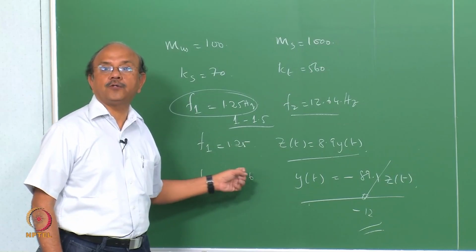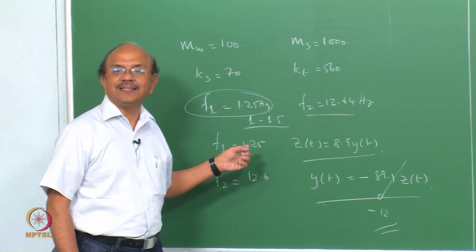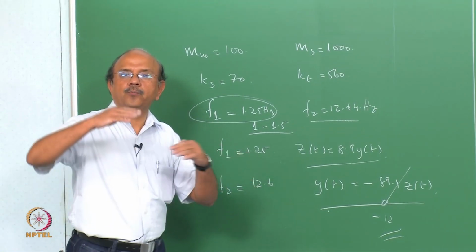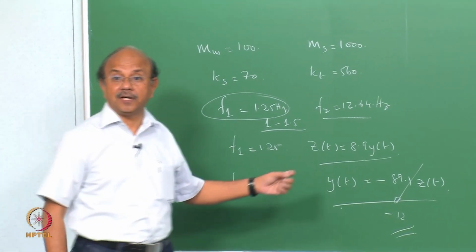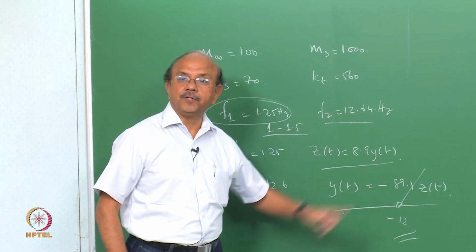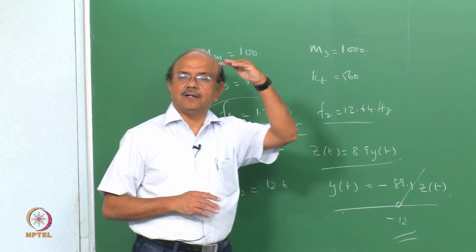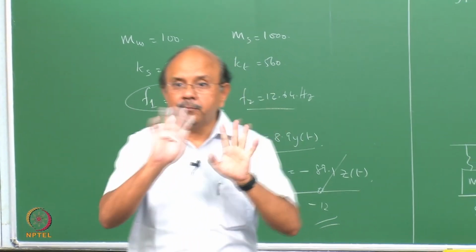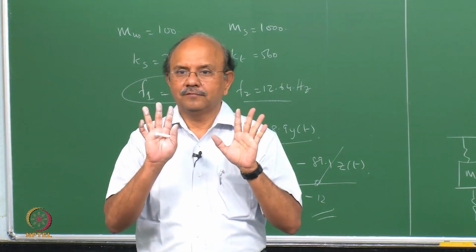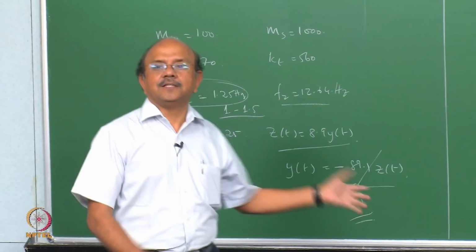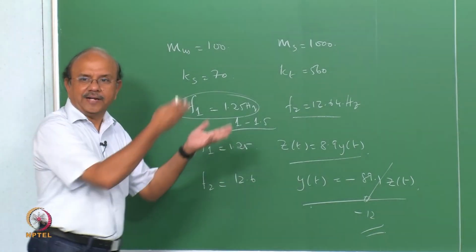If it were to vibrate in that frequency, then what would be the relative motion? This is relative motion. Look at that carefully. This is the relative motion between the sprung mass and the unsprung mass. Clear? So there is no input here. See, mode shapes are usually expressed as a vector.